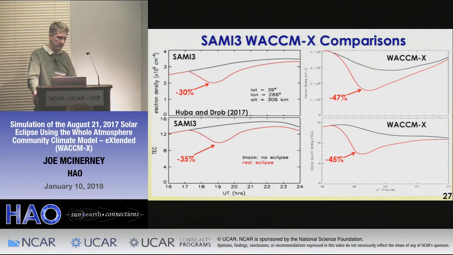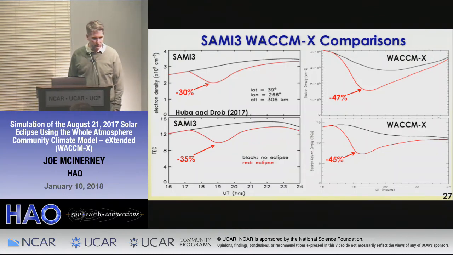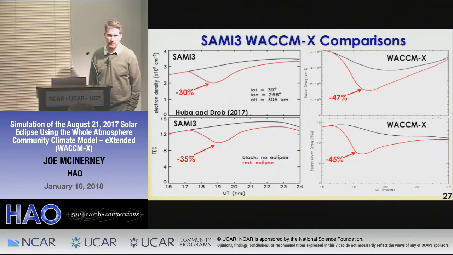I don't know how you would put an eclipse in there. I guess there's a way. Or you could presumably adjust the parameters. Anyway, okay. If I recall the article correctly, they use the same neutral atmosphere to do the simulation. Anybody else remember what they did? I'm pretty sure that the neutral atmosphere is the same, and the ionosphere is different, whereas in WACCM-X, everything's different, but in different ways.